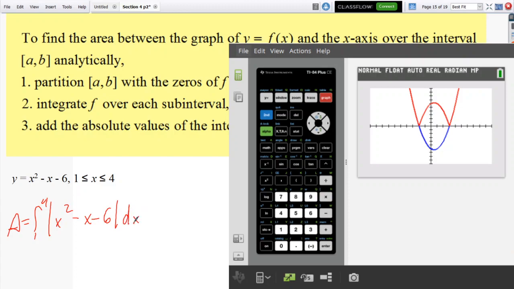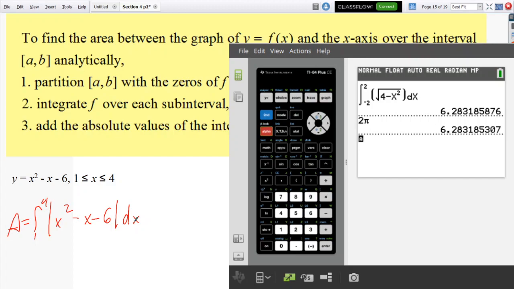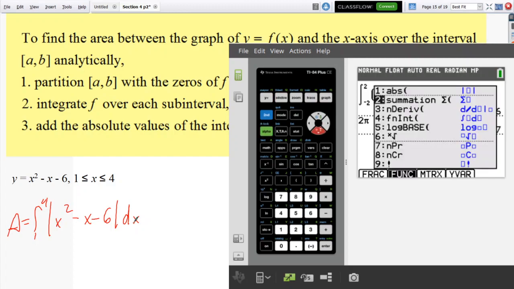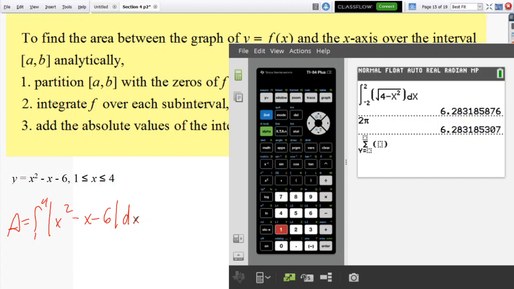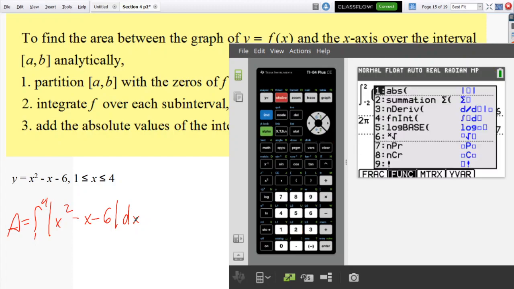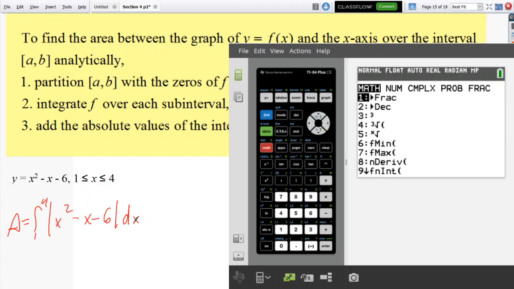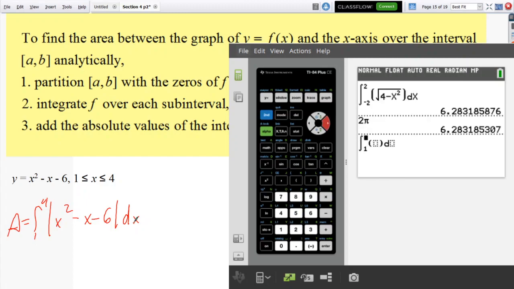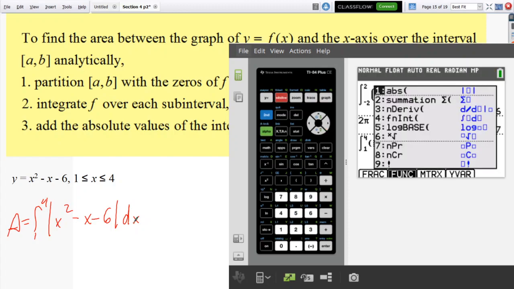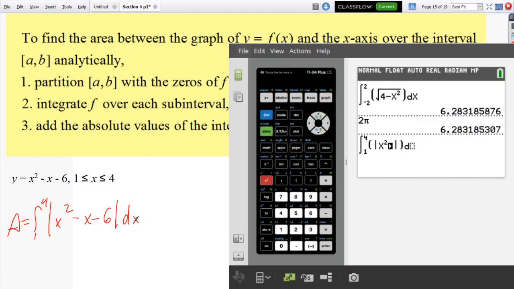And when I type that into my calculator, let's see what happens. On my home screen, I want the integral, not summation, from 1 to 4 of the absolute value of x squared minus x minus 6, exit my absolute value, dx.